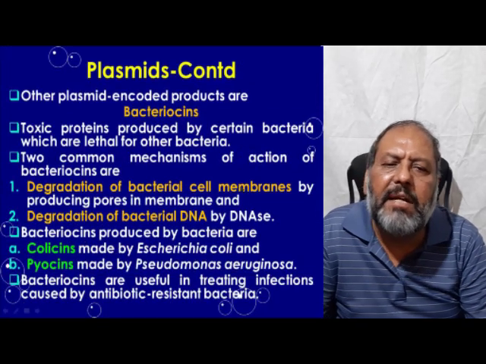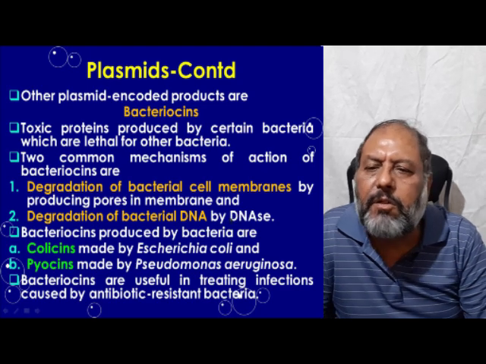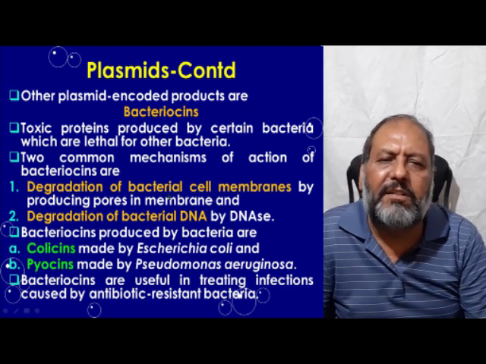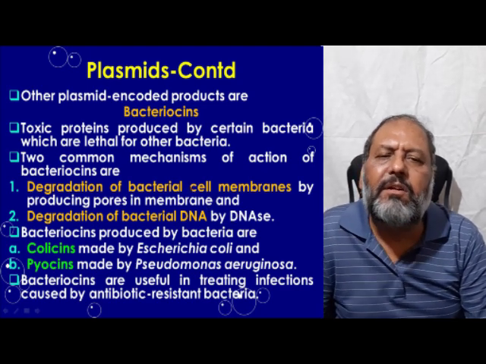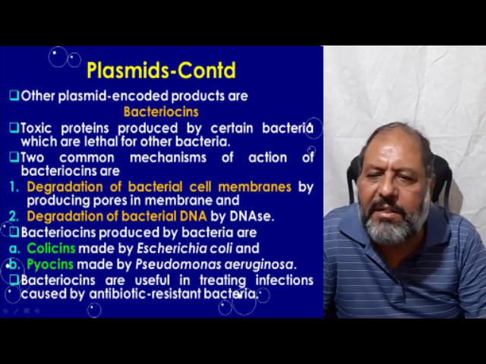Other plasmid-encoded products are bacteriocins, toxic proteins produced by certain bacteria under the control of the plasmid, which are lethal for other bacteria. These are poisons produced by bacteria to kill other bacteria.